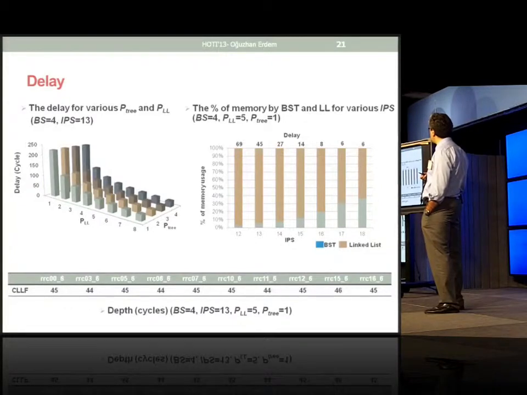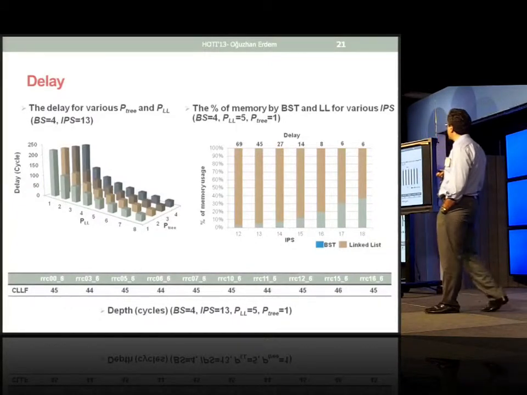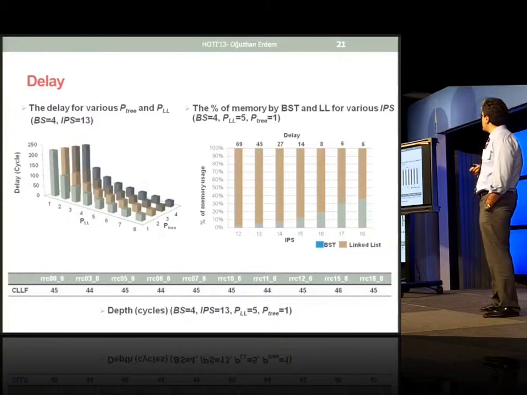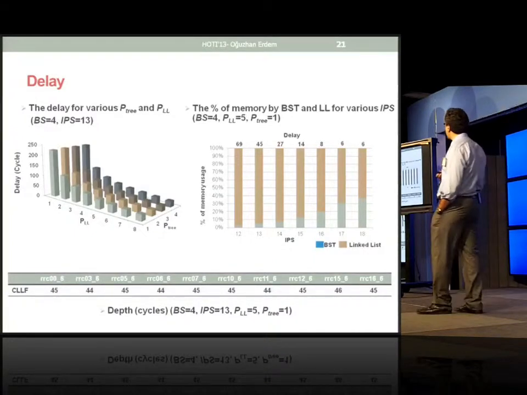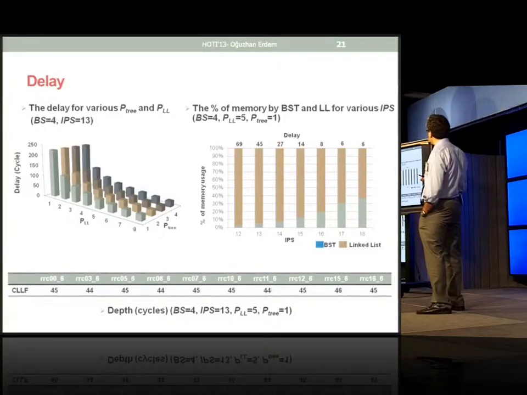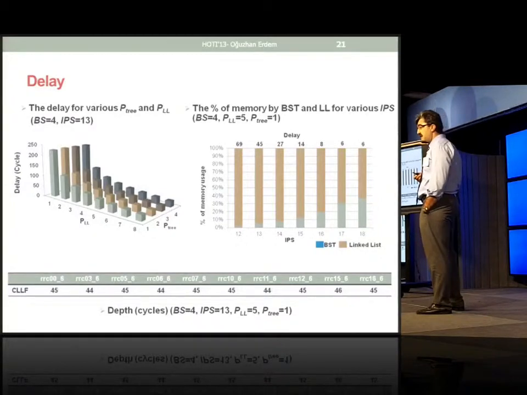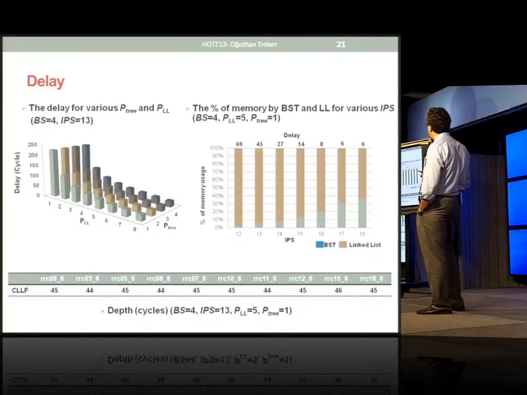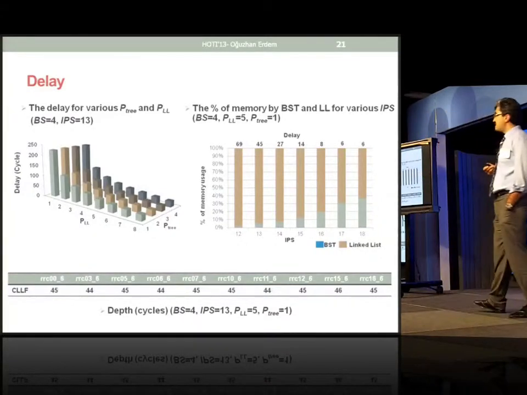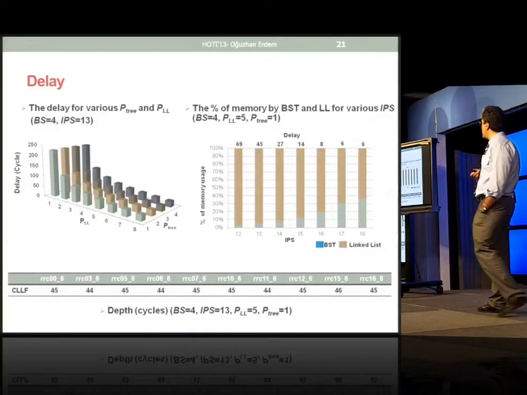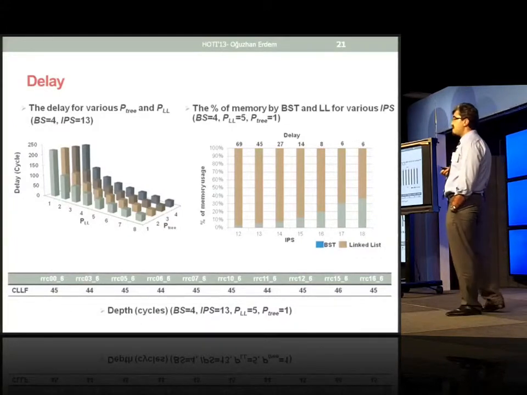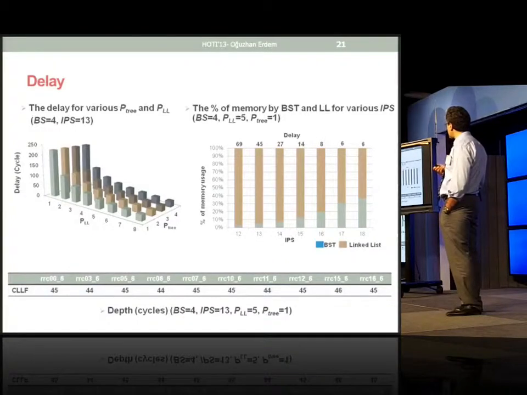Also, at the top of the figure, we can see the change of delay with respect to the IPS value. When we increase the initial stride value, the size of the tree in the first stage increases, and the delay drops, because when we increase the IPS value, the possibility of sharing bit strings drops.